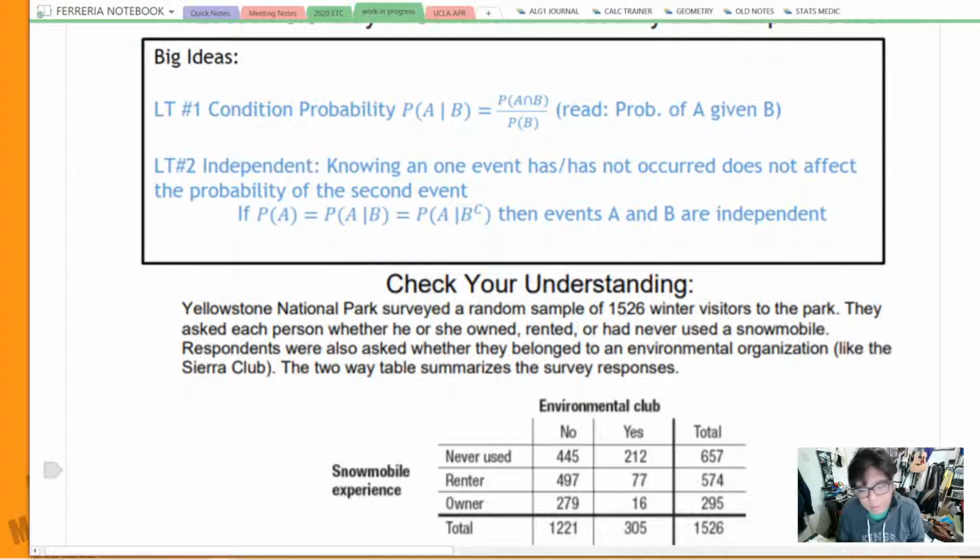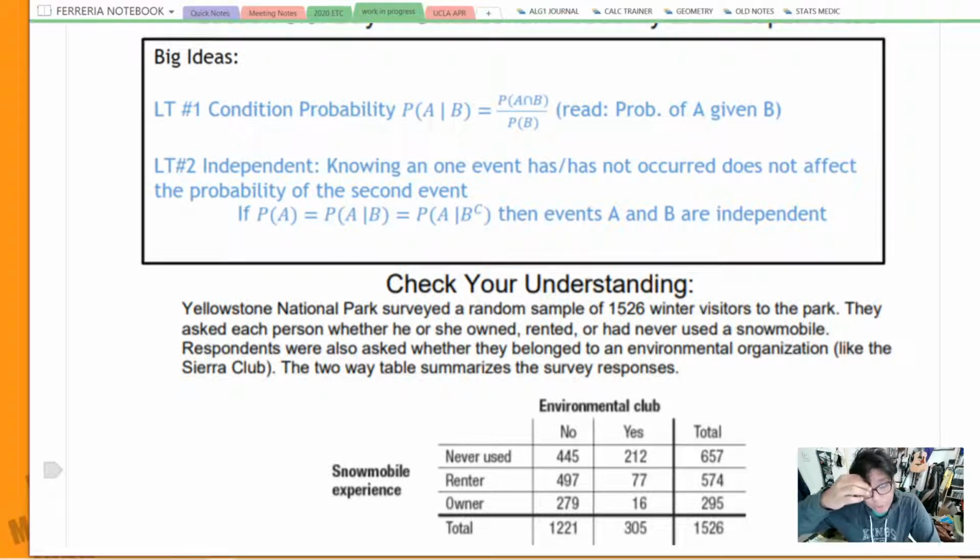And then finally, the thing that we've been working on most here is this thing about independence, where knowing one event has or has not occurred will not affect the probability of the second event. And then at the bottom here, we have that really fun mathematical definition for independence. Remember also that you only have to check two of these.